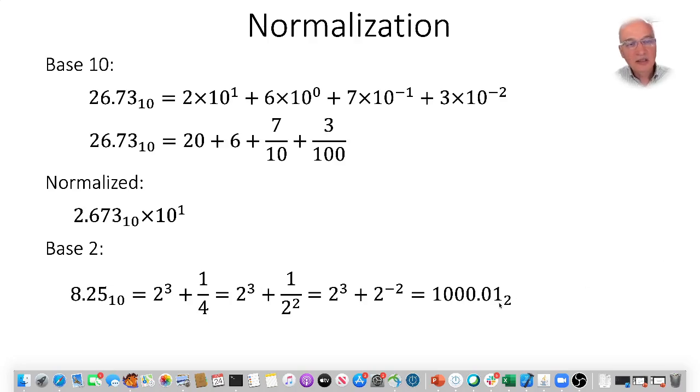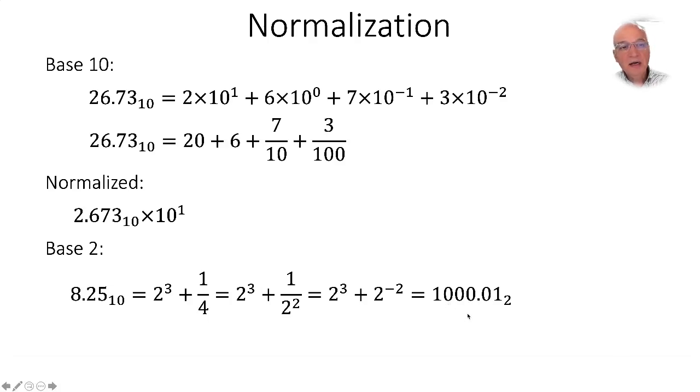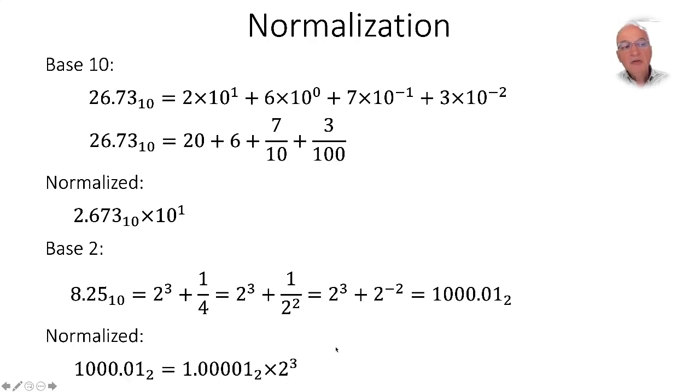So this is to indicate that this is the number in base 2. This number is also not normalized because the binary period is not to the right of the first digit that is not 0. So to normalize this number, I'm going to have to move the binary period 1, 2, 3 positions to the left. As I move the binary period to the left, I need to multiply by the base to the power of the number of positions that I move.